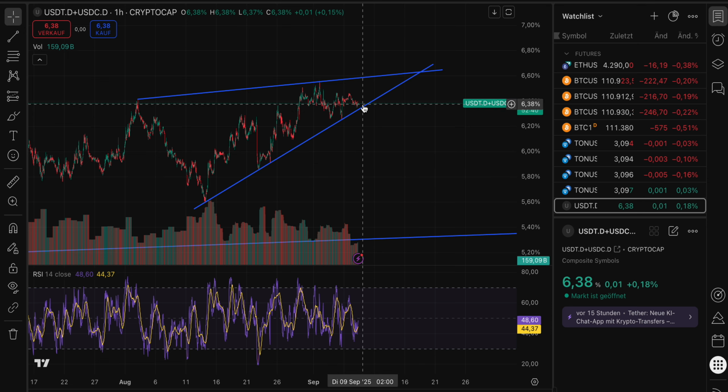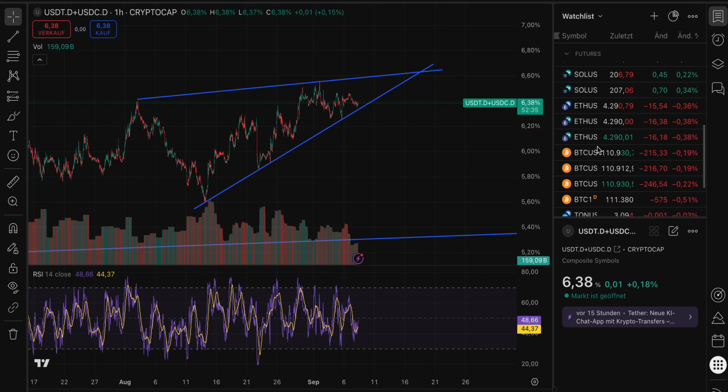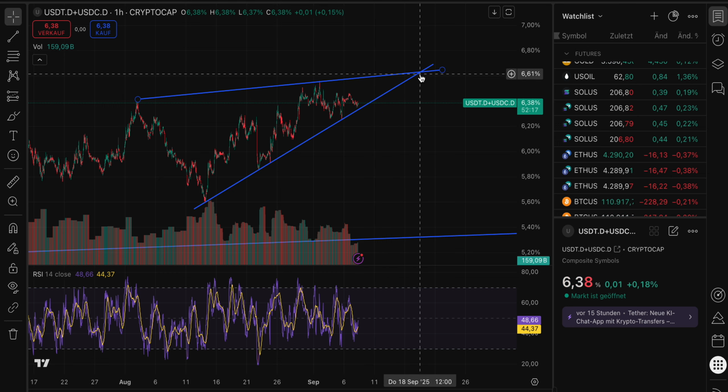It's hard right now to get a decision, but I'm still of the opinion that Solana might drop the next weeks, or not the next weeks, but it should be within the next, honestly, 3 to 4 days. And if not, if it breaks out here, you can see it here. The decision will be made if it really does this move.